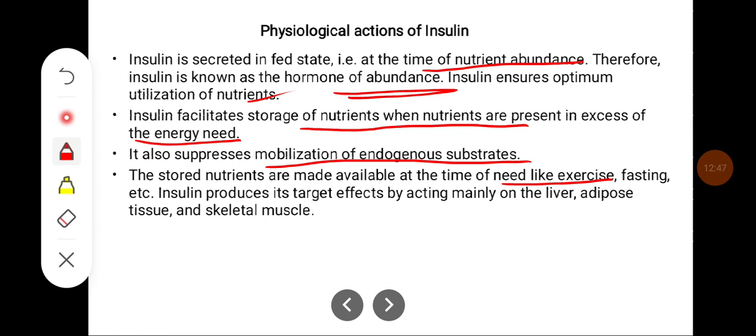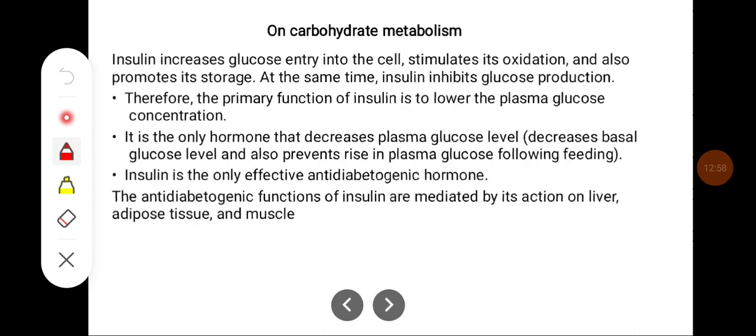Insulin produces its target effect by acting mainly on the liver, adipose tissue, and skeletal muscles. Insulin increases glucose entry into the cell, stimulates its oxidation, and also promotes its storage. At the same time, insulin inhibits glucose production. Therefore, the primary function of insulin is to lower the plasma glucose concentration.